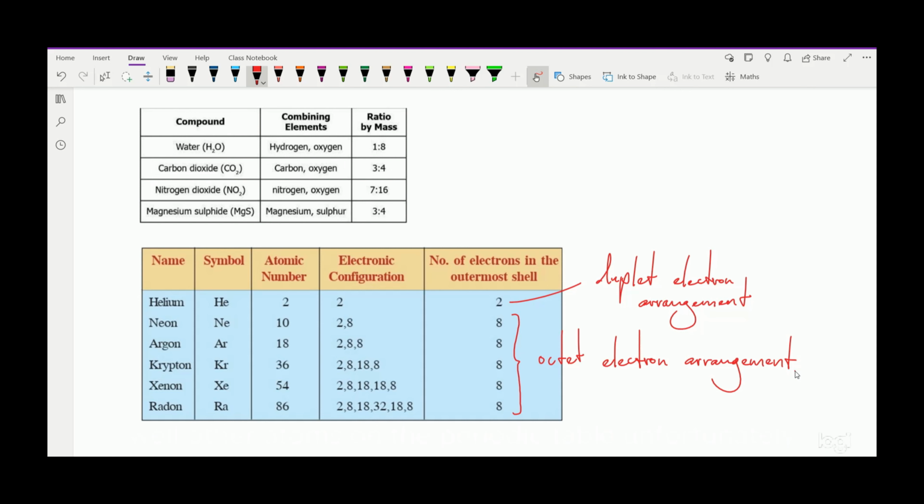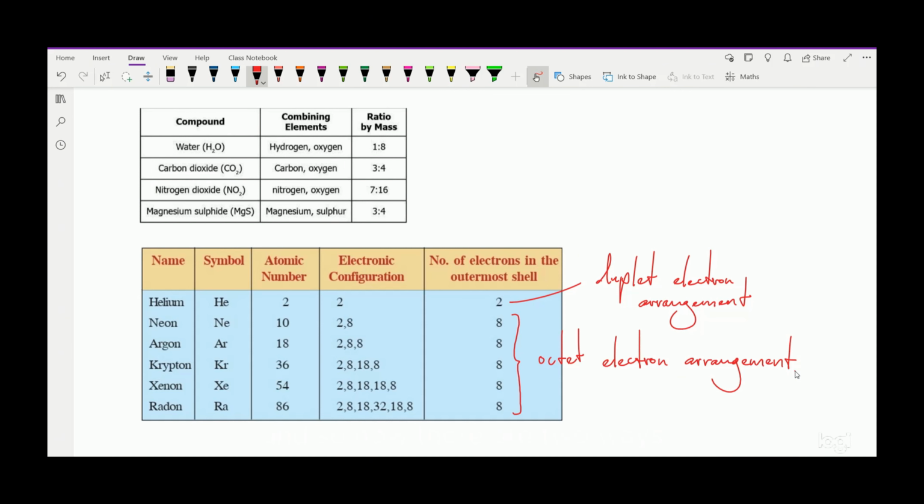Well, other atoms on the periodic table unfortunately do not have this duplet or octet electron arrangement, and hence are less stable than noble gases. And so these less stable atoms will then form chemical bonds with one another in order to achieve the stable octet or duplet electron arrangement.